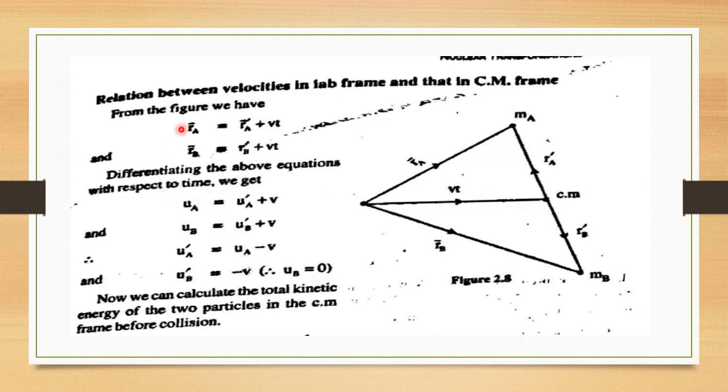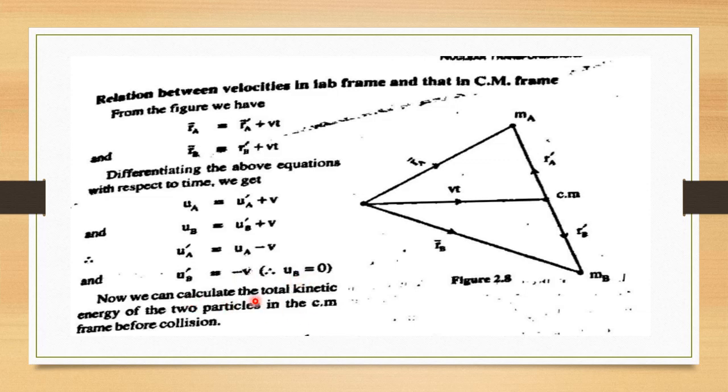So you can write RA is equal to RA dash plus Vt and RB is equal to RB dash plus Vt. Differentiating this equation, you get UA is equal to UA dash plus V and UB is equal to UB dash plus V. Or UA dash is equal to UA minus V, and UB dash is equal to minus V, since UB is equal to 0.